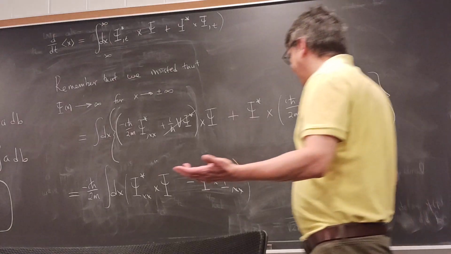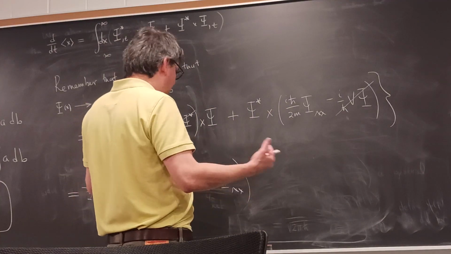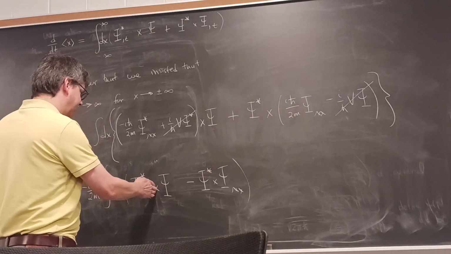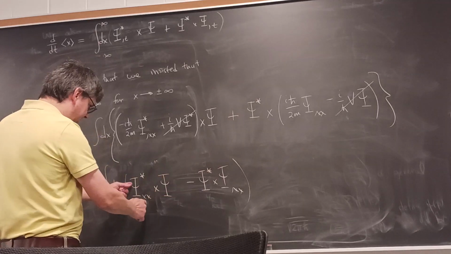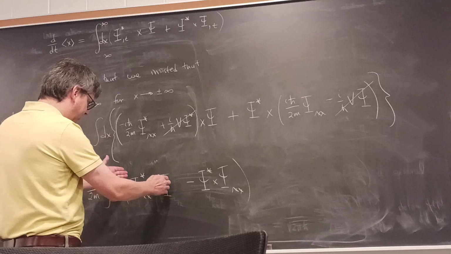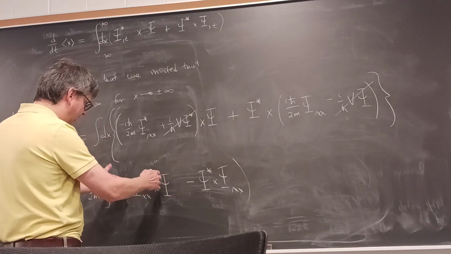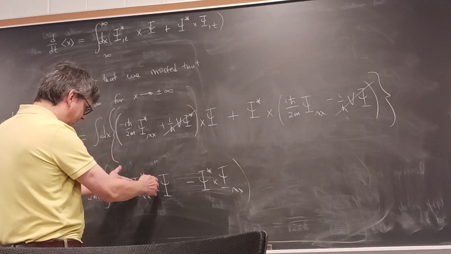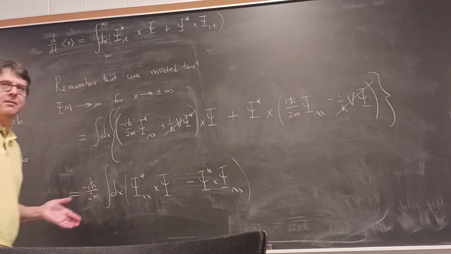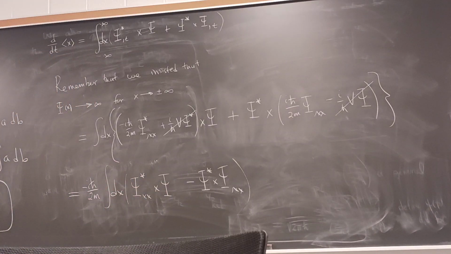Okay, so if we want this to look like the expectation value of momentum, then this x has to be gone. I just want psi star, I don't want anything down here either. I just want psi star times the momentum operator times psi. So the question is how do you get there?